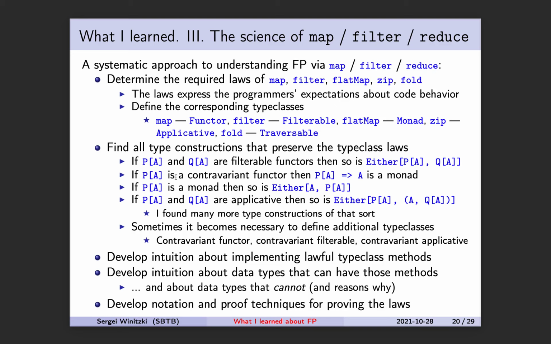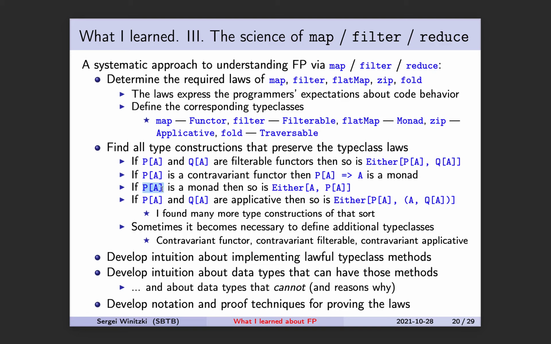If P of A is a contravariant functor, then this function, understood as a type constructor with type parameter A, is a monad. Now this is not at all clear and obvious why that is so, but I looked systematically at all these constructions and found which one worked.